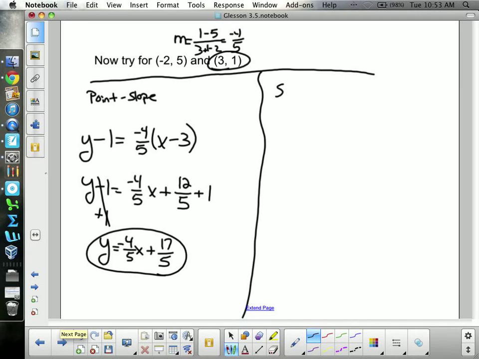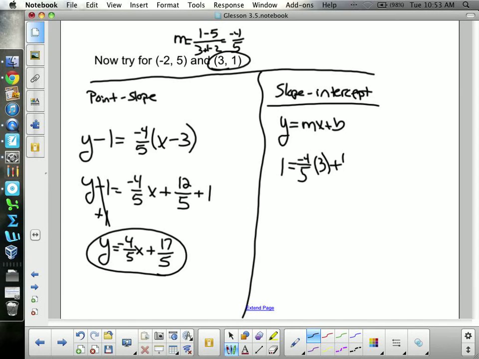If I use the slope-intercept method, I have the slope. So I go y equals mx plus b. My y is 1. My m is negative 4/5. My x is 3, plus b.